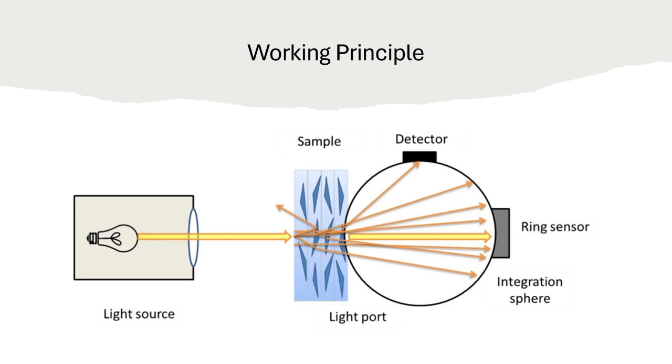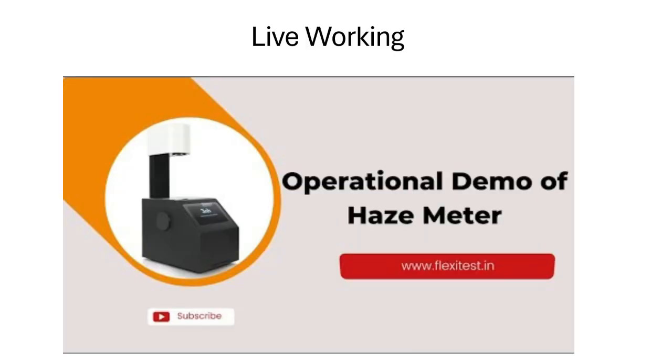This deflection and scatter causes an uneven distribution of light inside the integration sphere. This uneven distribution of light is caught and detected by the detector, which gives us the properties such as haze and transmittance.